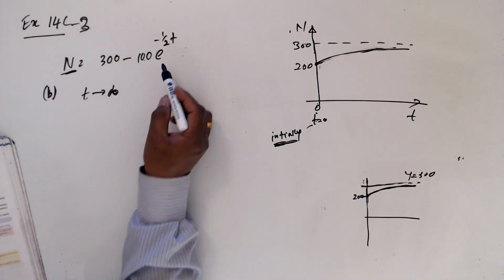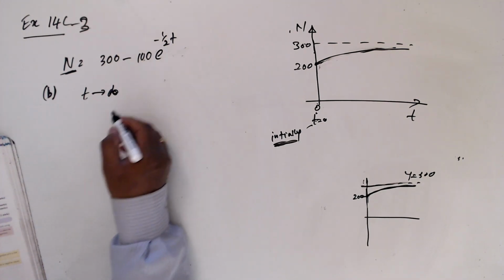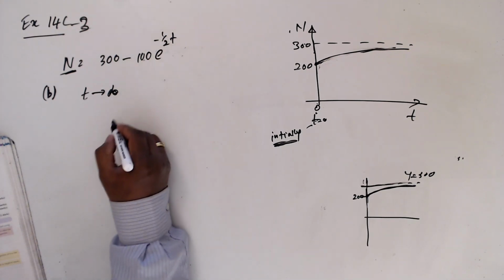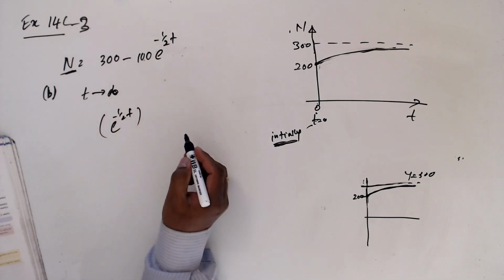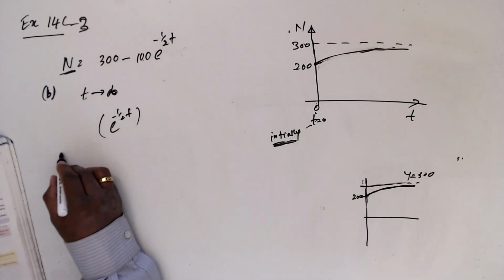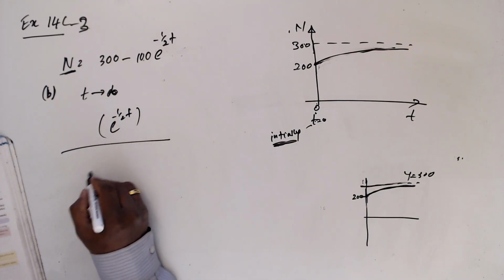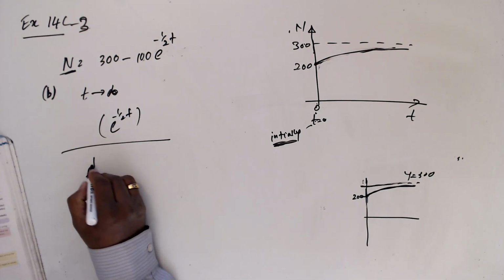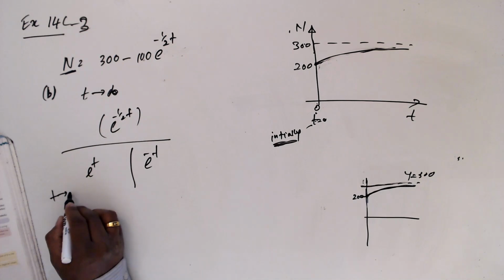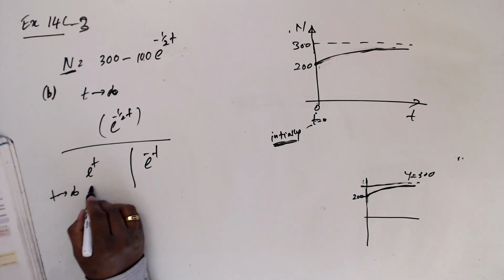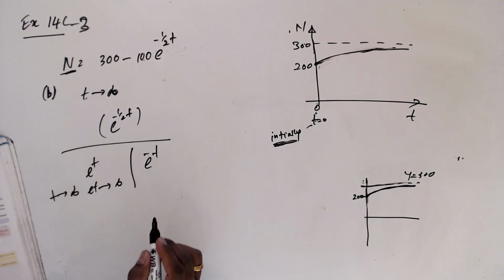So we want to know the behavior of this e to the minus half t. We discussed previously, if it is e^t and e^(-t), when t goes to infinity, e^t goes to infinity.